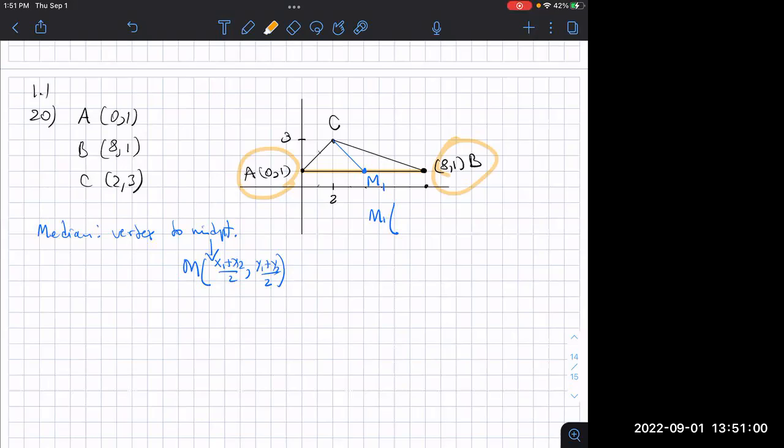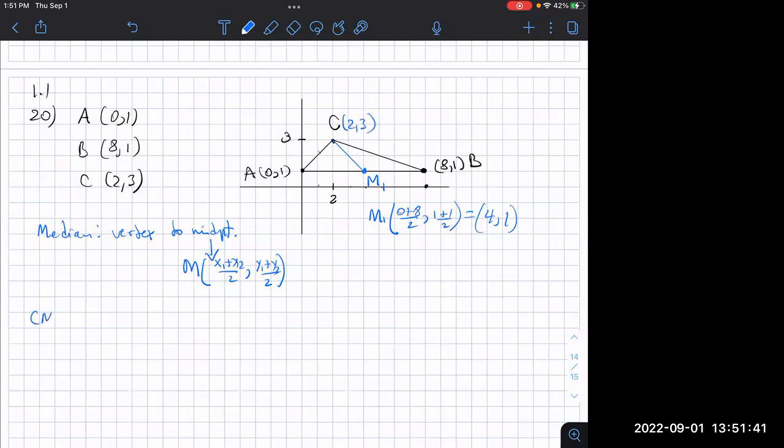You put in 0 plus 8 over 2, and for the y, 1 plus 1 over 2. Very good. We simplify, and 8 over 2 is 4, and 2 over 2 is 1. So M1 is 4, 1. C was 2, 3.